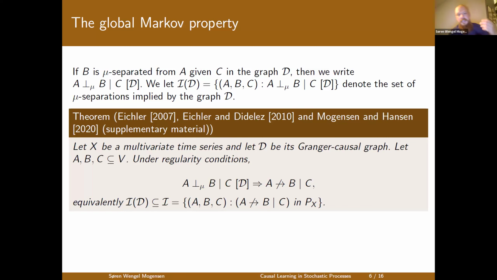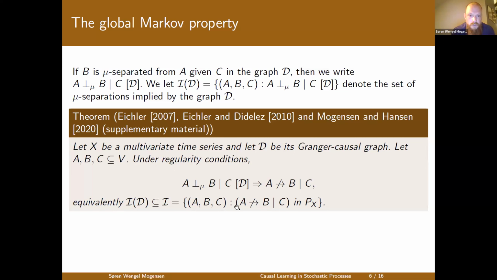So again, X is a multivariate time series, and D is its Granger-causal graph as defined before. And if I have mu separation, so B is mu separated from A given C, this implies that A is Granger non-causal for B given C. So this is a graphical representation of this notion of Granger non-causality.